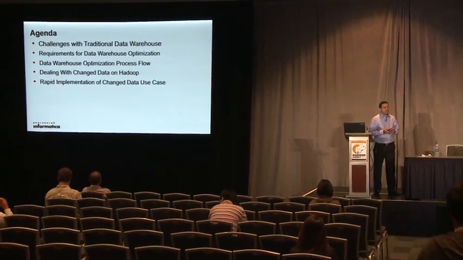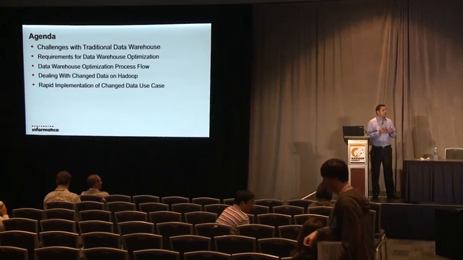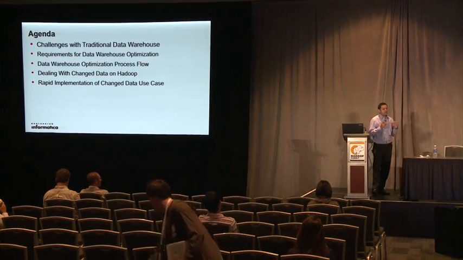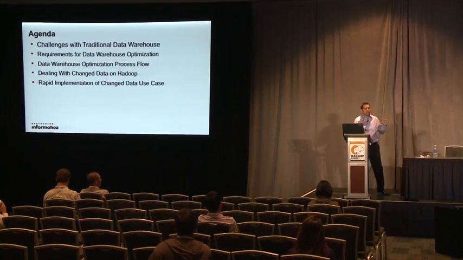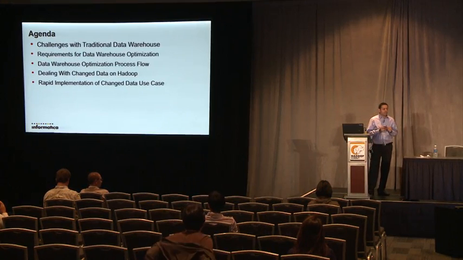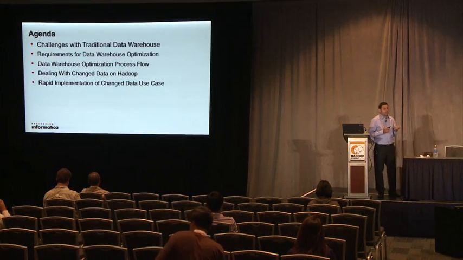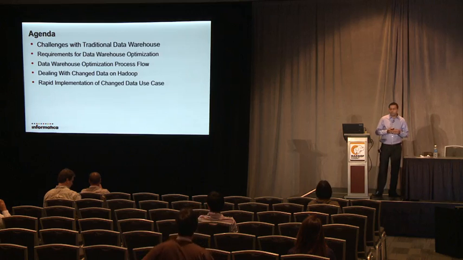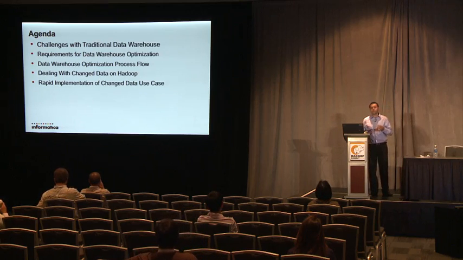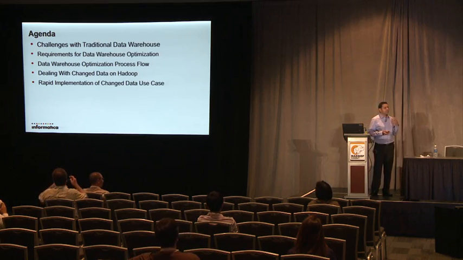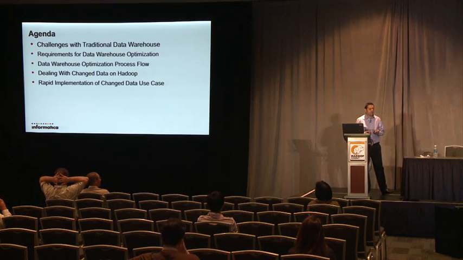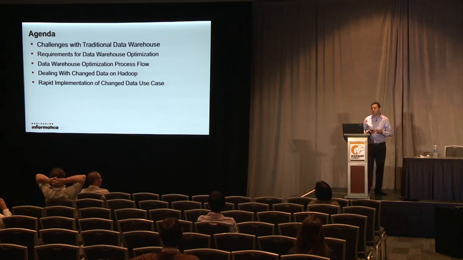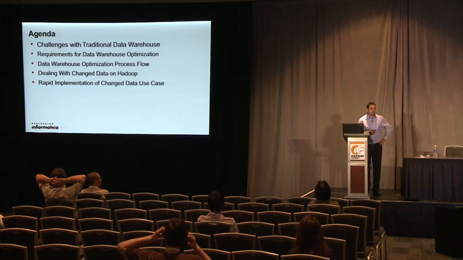I will also quickly go over what the data warehouse optimization process flow looks like, and what the best optimized way is. Then we will go to the meat of the presentation, which is how you deal with change data on Hadoop. And later on I have a demo to talk about that.